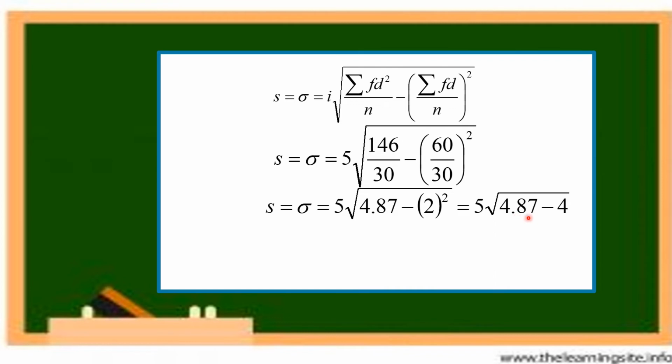So 4 and 87 hundredths minus 4 is equal to 0 and 87 hundredths. We will extract the square root of 0 and 87 hundredths. It is equal to 0 and 93 hundredths, to be multiplied by 5. So our answer is 4 and 65 hundredths.